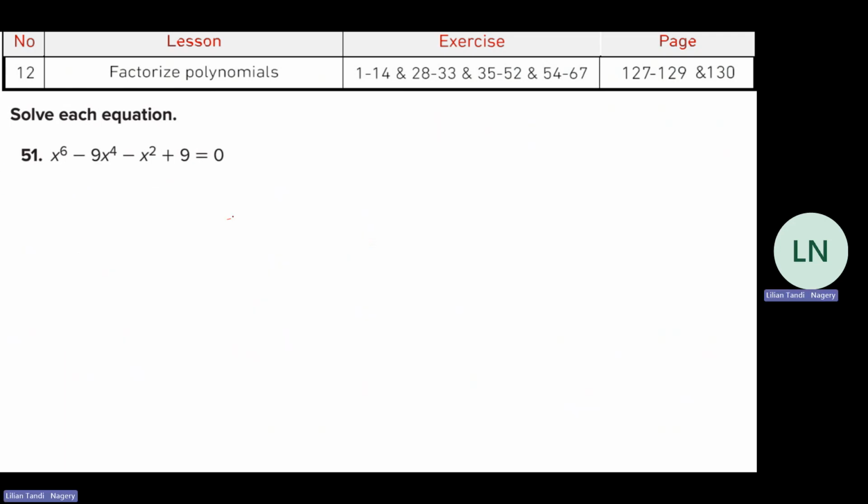So this, what did I do? I grouped mine. The GCF here was x to the 4th power.